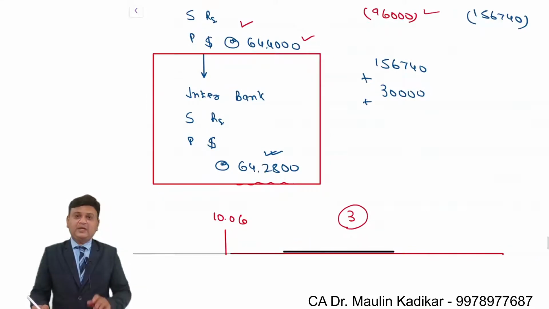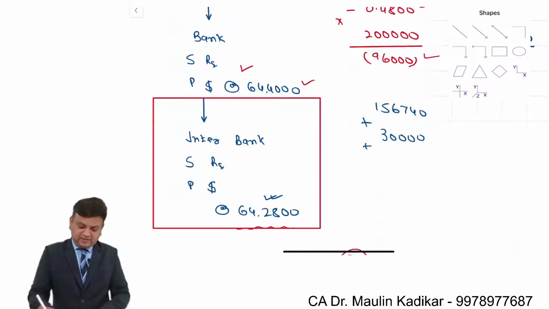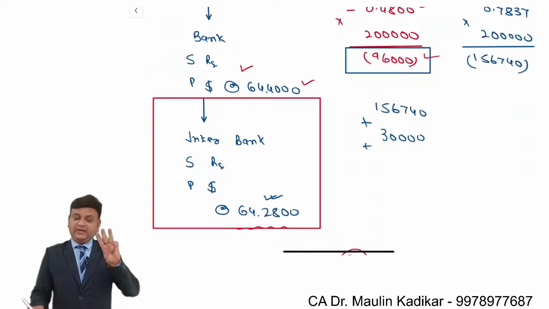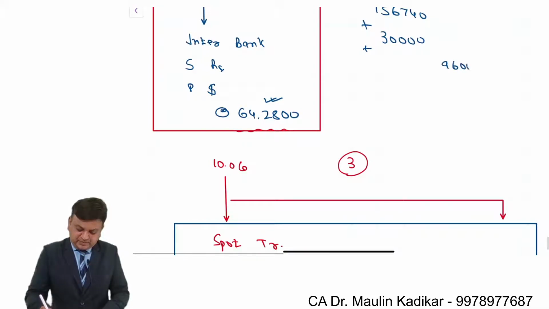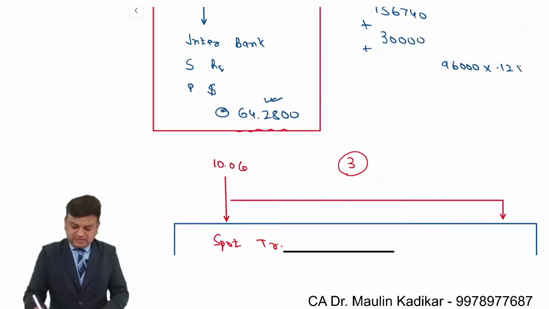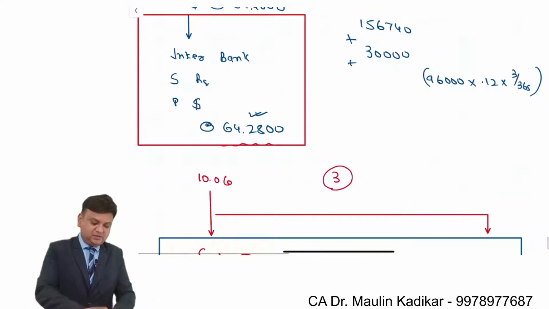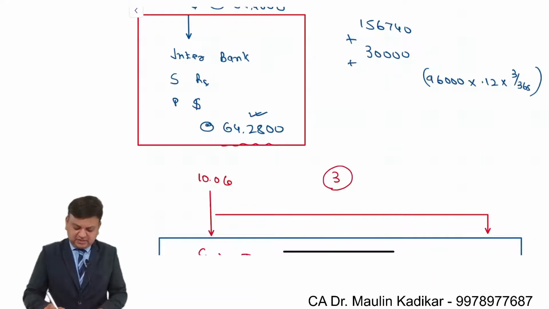Plus, because of you, this amount of loss which I incurred, that I had to pay on 10th of June, you have to pay interest to me for 3 days on this amount. So it is 96,000 rupees into 12%, because the rate of interest is given as 12%, into 3 divided by 365. That is the way the interest is supposed to be charged. So 96,000 into 12% into 3 divided by 365. So it is 94.68.